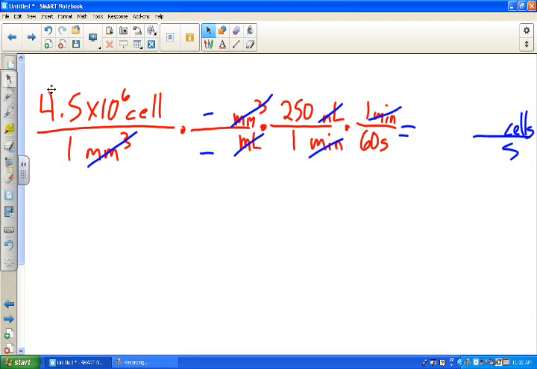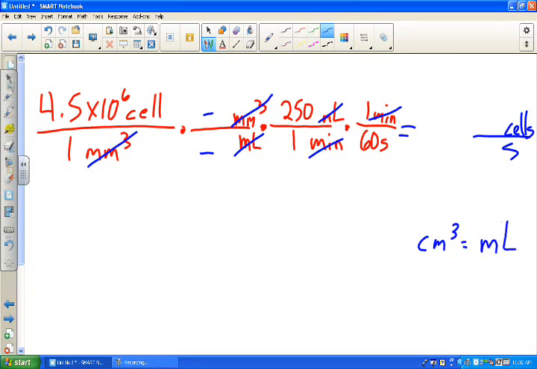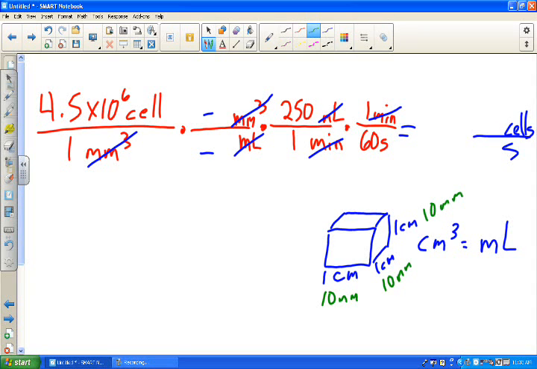We just have one little piece that we have to fill in the blanks on, and that is the millimeters cubed per milliliter. Remember that water, and blood is very similar to water, has 1 cubic centimeter equal to 1 milliliter. But we have to remember that 1 centimeter is 10 millimeters.